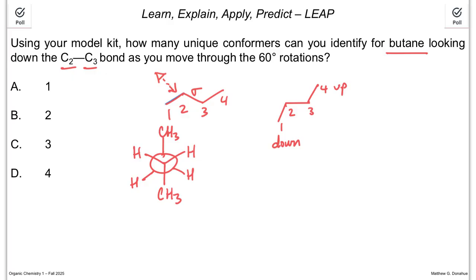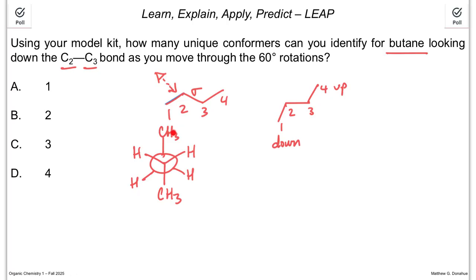So we're going to use some more terms here based on the dihedral angle. These terms define, for two substituents, what their relationship to one another is. So we're looking down C2 to C3, and I want to focus on the methyl group here and here.